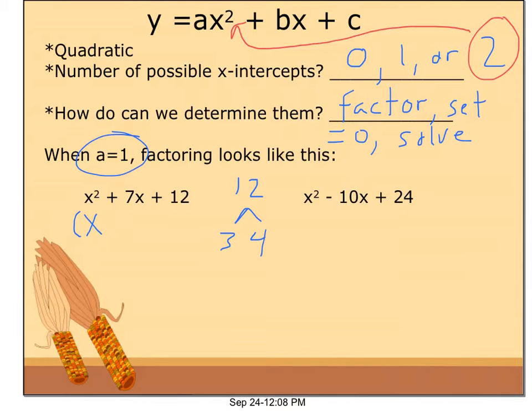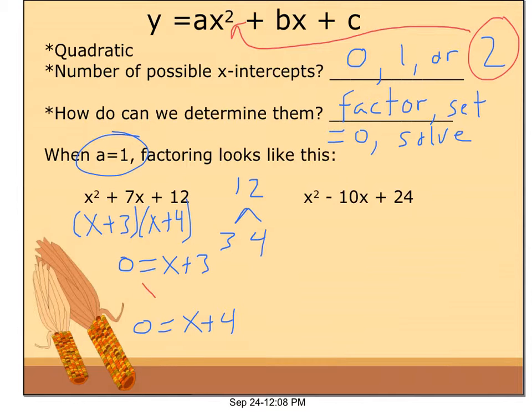In the video, it very well may go faster than what it will take you, and that's okay. So my 2 factors would be x plus 3 times x plus 4. If the instructions just told me to factor, I'd be finished. But if it was to find x-intercepts, then of course I would take each factor, the first one being x plus 3, set that equal to 0, and set x plus 4 equal to 0.